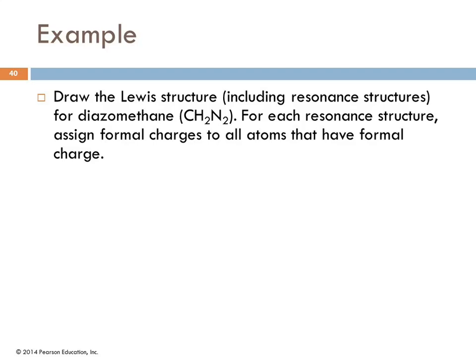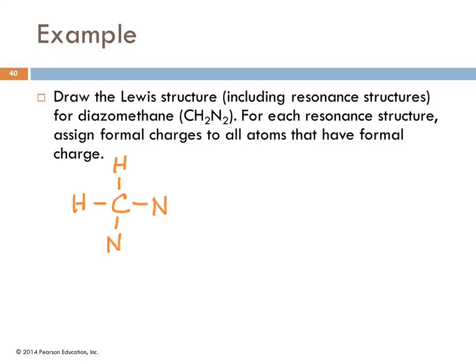Okay, let's do diazomethane. You are not expected to know what that is. They gave you the formula. Let's do orange for a while. So CH2N2. Well, we shouldn't write with that one to start out with. We can hook these guys together in different ways.